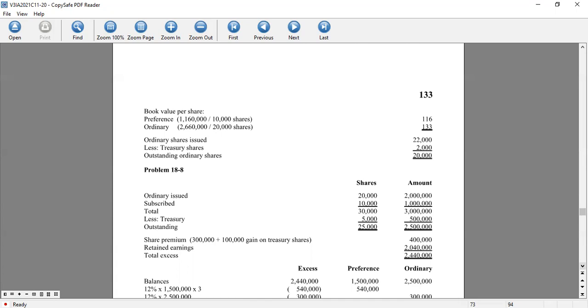And by the way, when we talk about outstanding shares, we are referring to the shares in the hands of the shareholders. They are the shares which are entitled to dividends.